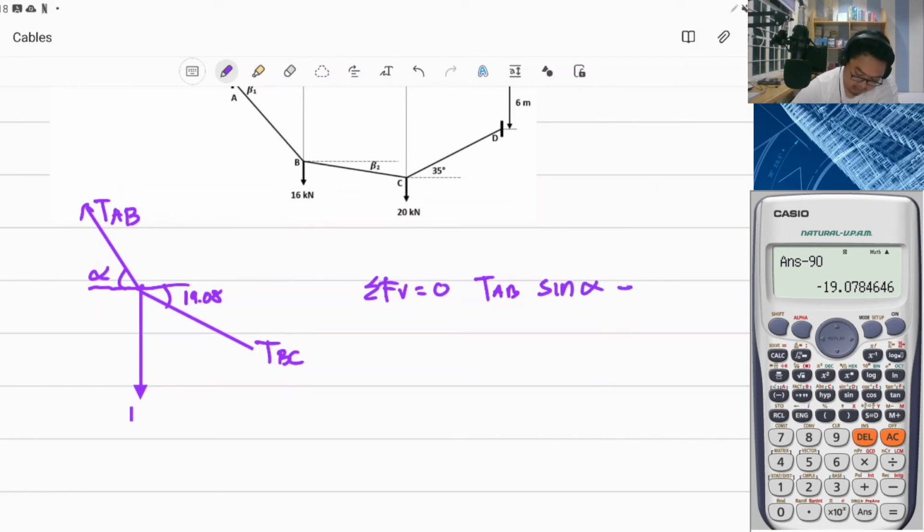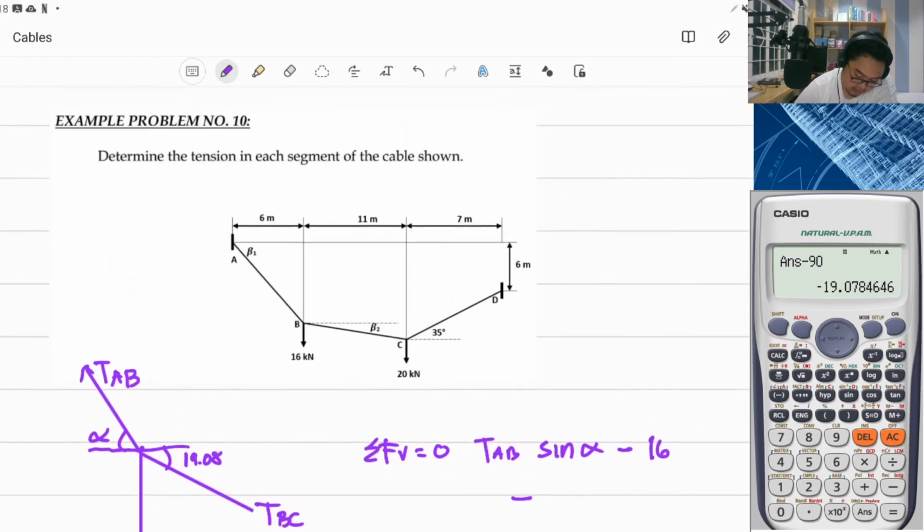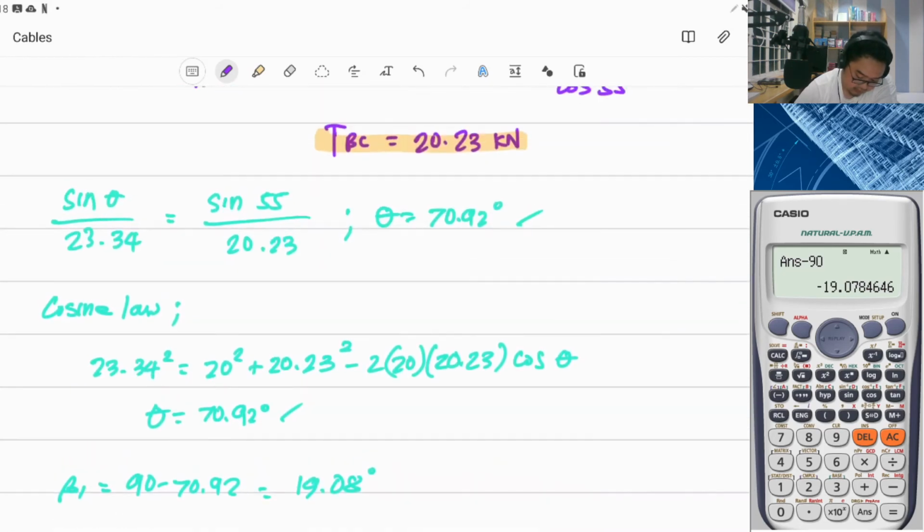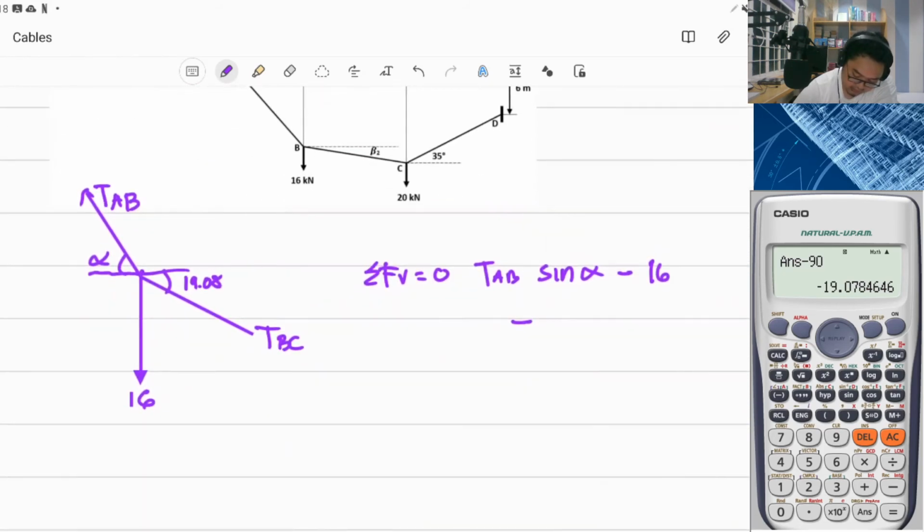minus, by the way, this is 16, okay, minus 16, minus TBC, which we know TBC is equals to how much? 20.23. 20.23 times sine of 19.08. Okay, we now have equals to 0.